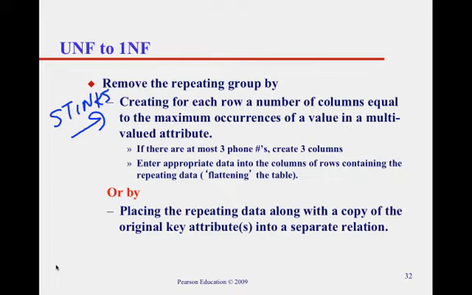This just creates a nightmare when you're trying to write your queries. Now, in order to retrieve, say, the phone numbers, you have to say select phone number 1, phone number 2, phone number 3 from branch.